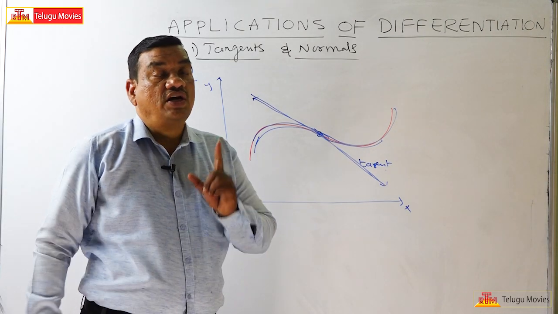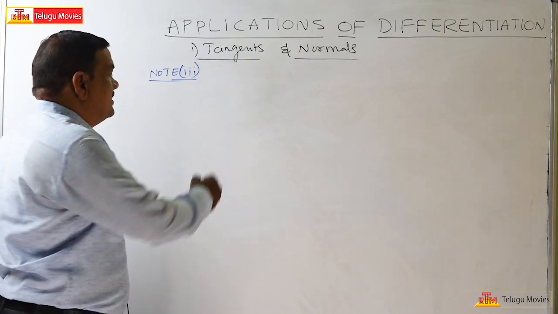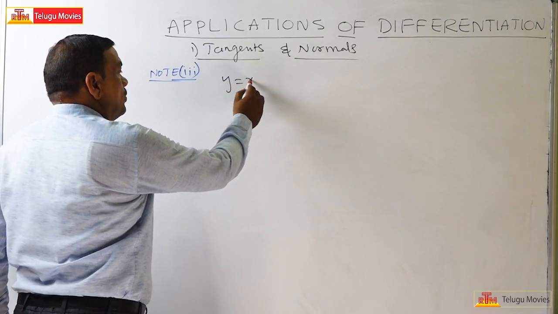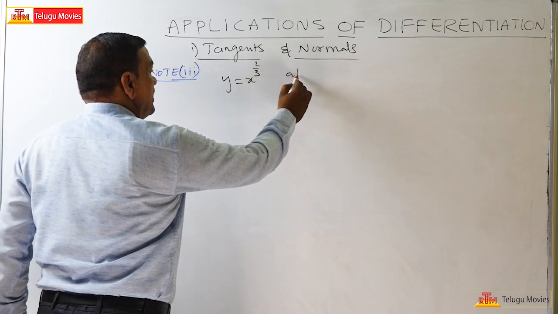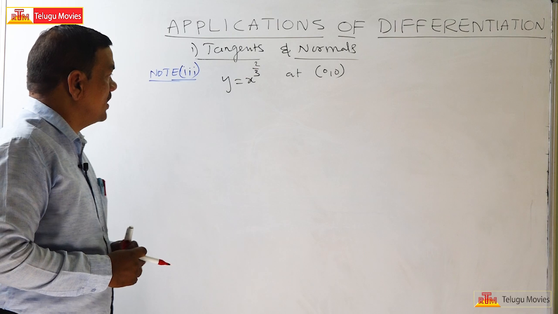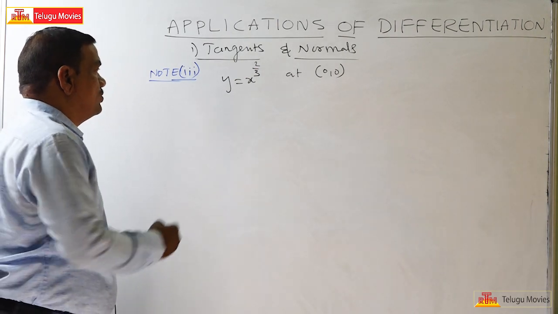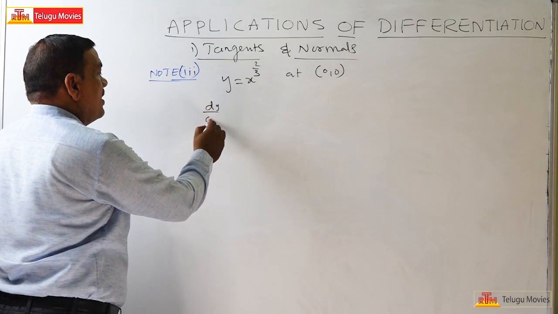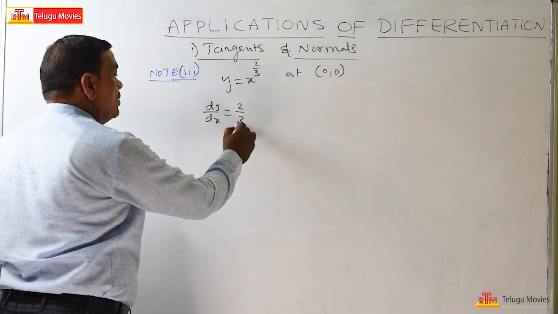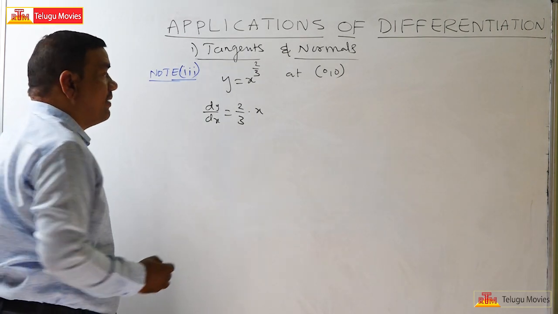Okay, now. Let us see one more point. See here, note 3 points. Let us consider a curve y is equal to x to the power 2 by 3. Let us find the slope of the curve's tangent at the point (0, 0). So let us see the derivative: dy by dx is equal to 2 by 3 x to the power of 2 by 3 minus 1.